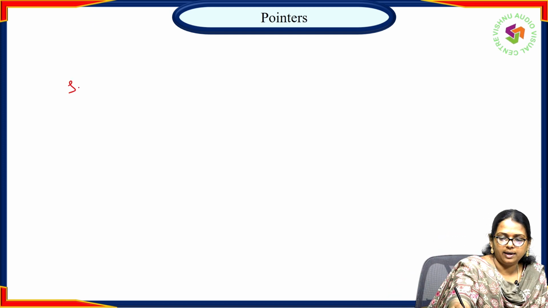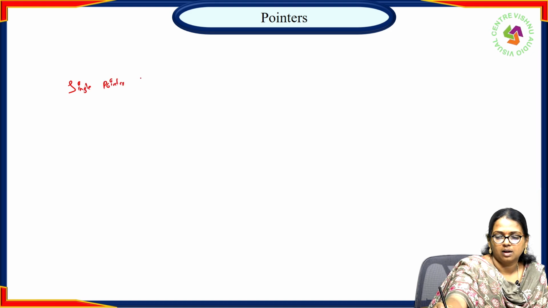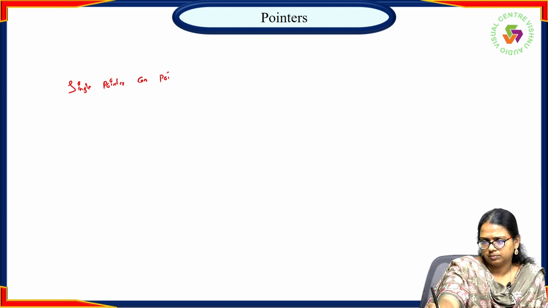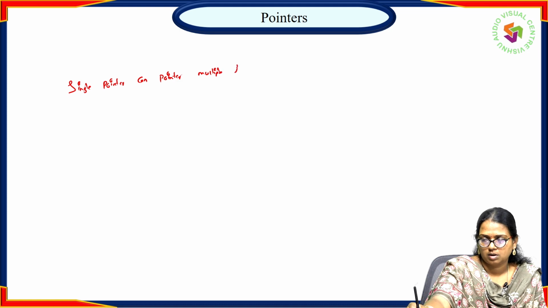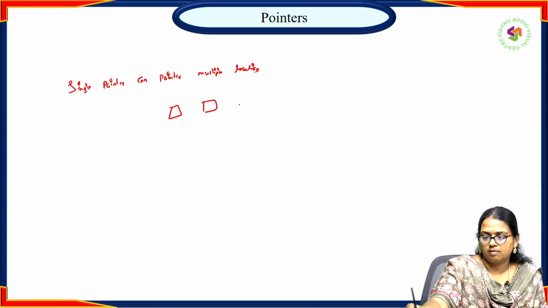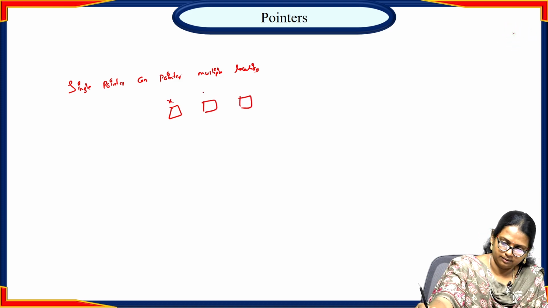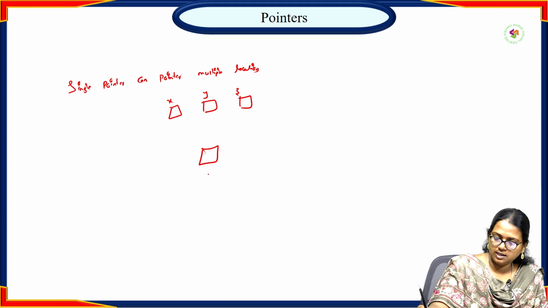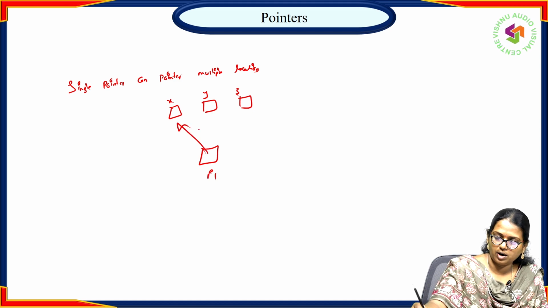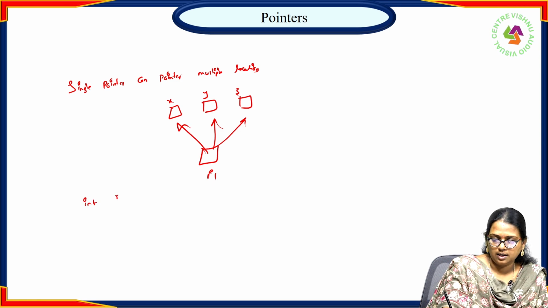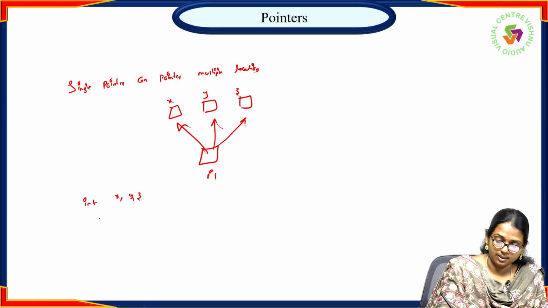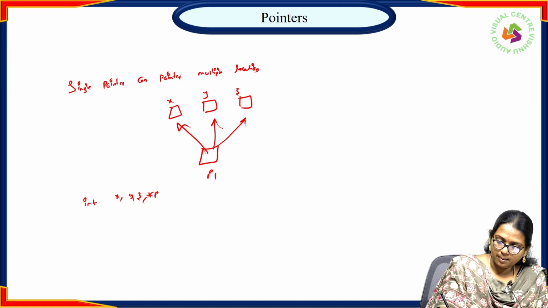A single pointer can point to multiple locations. For example, X, Y, Z are there. We can declare a single pointer P1 and point it to X, Y, Z. For example, int X, Y, Z, and one pointer P1.